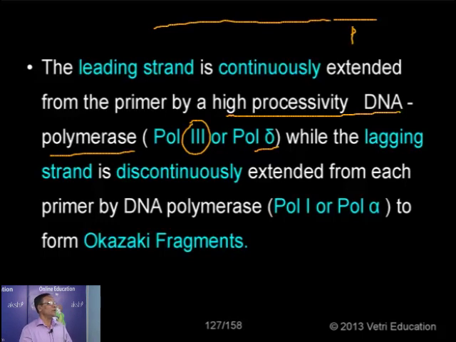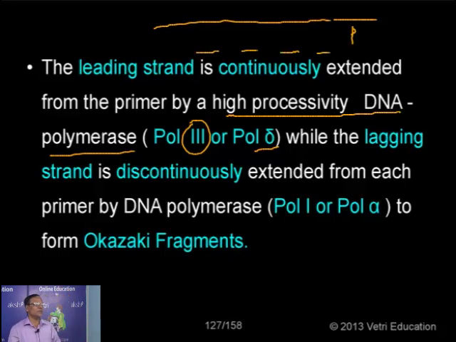So the leading strand is extended continuously, starting from the RNA primer, by the high processivity DNA polymerase called polymerase 3 or delta polymerase.